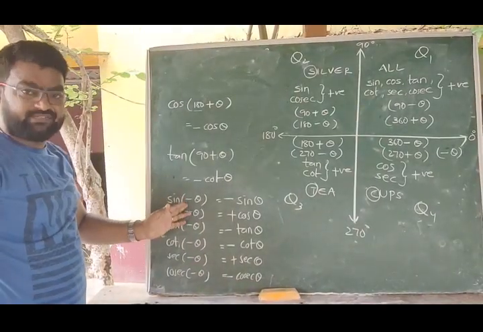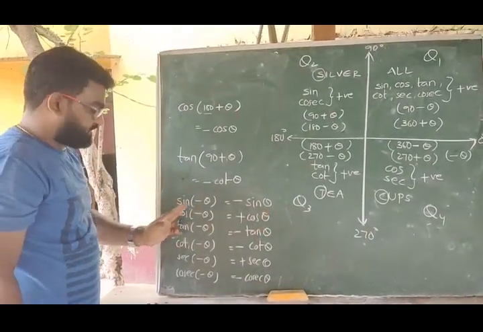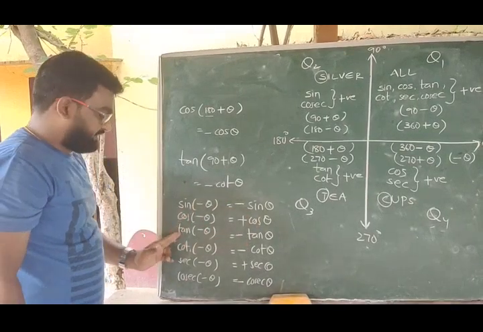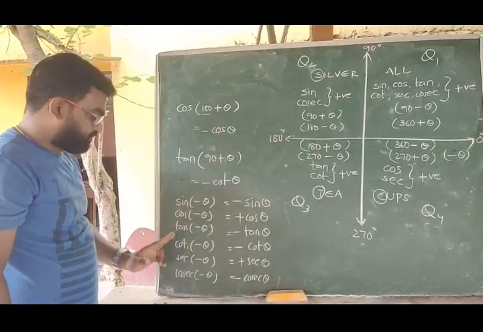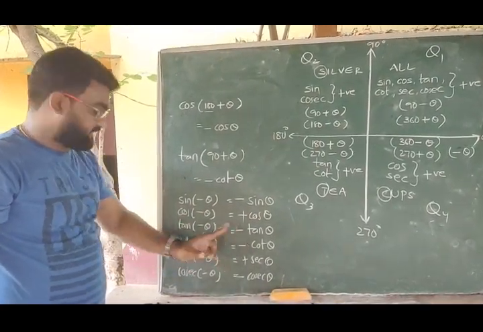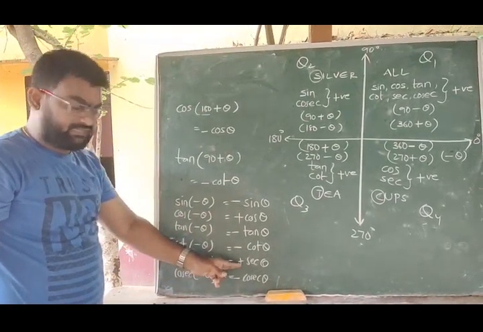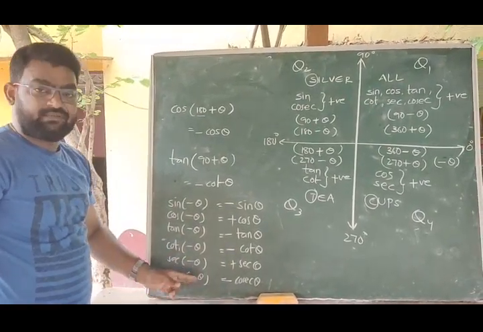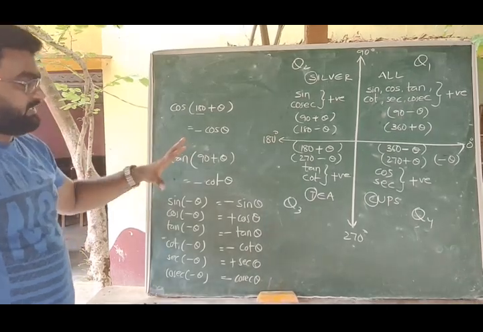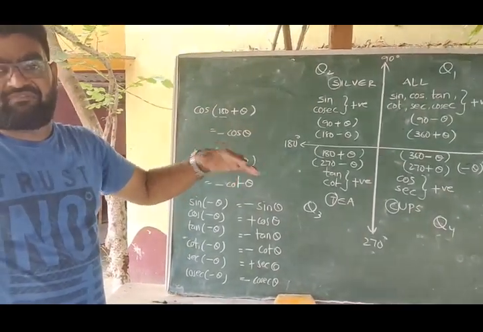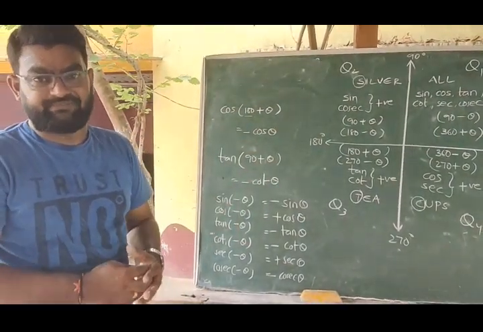So sin of minus theta is minus sin theta, cos of minus theta is plus cos theta, tan of minus theta is minus tan theta, cot of minus theta is minus cot theta, secant of minus theta is plus secant theta, cosecant of minus theta is minus cosecant theta. So with the help of this All Silver Teacups, we can find any value in trigonometry.